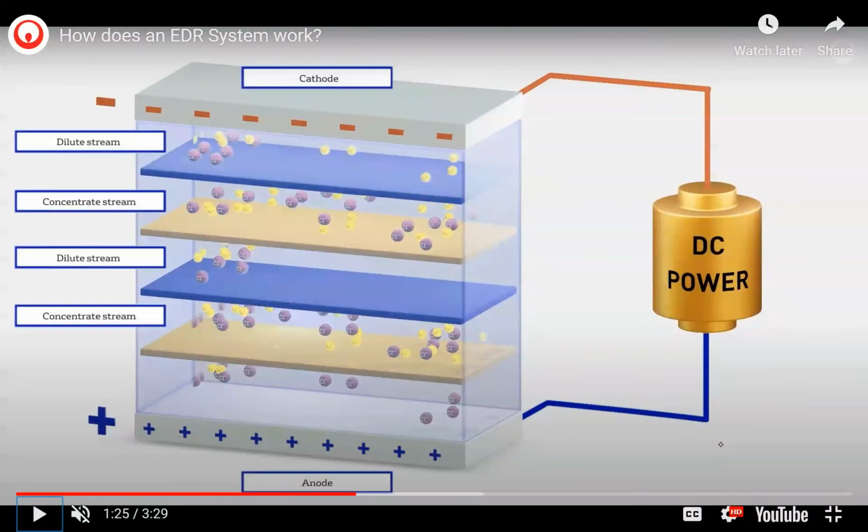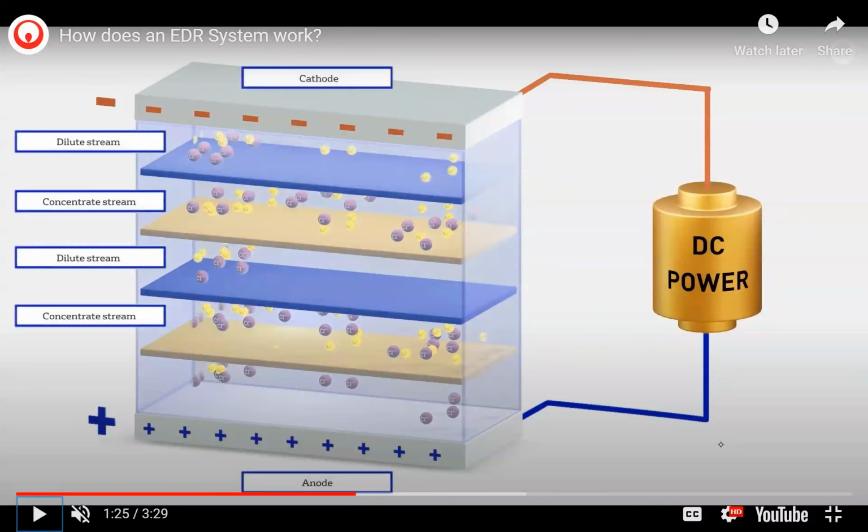In the first chamber it becomes diluted, in the second chamber it becomes more concentrated, in the third chamber it is diluted, and in the fourth chamber it is concentrated. Like that, you can see this concentrated stream we are taking out, and the diluted stream we take out separately.